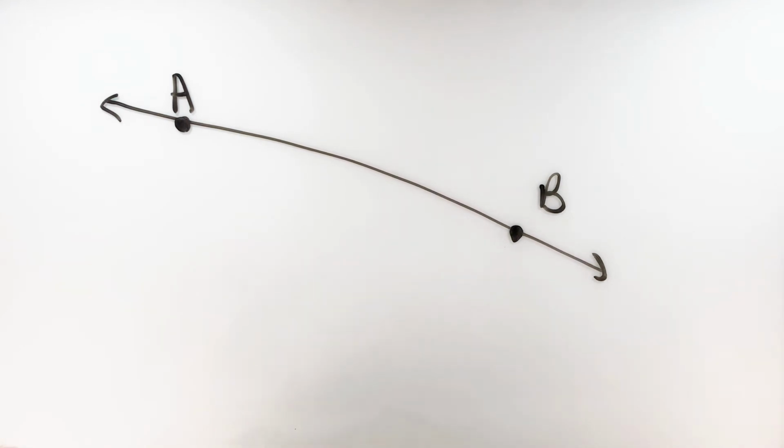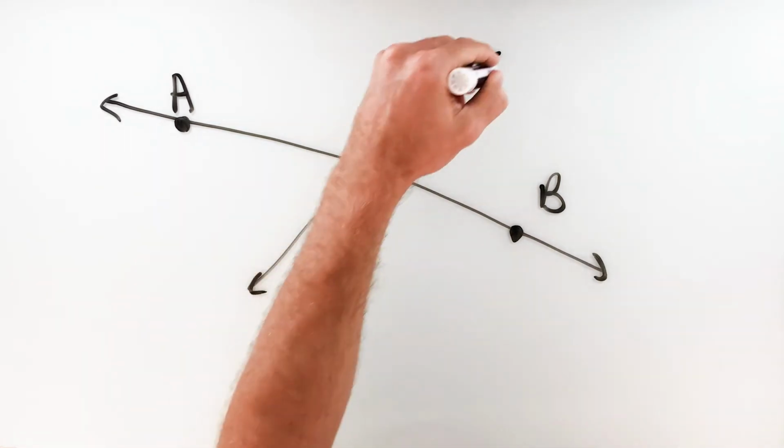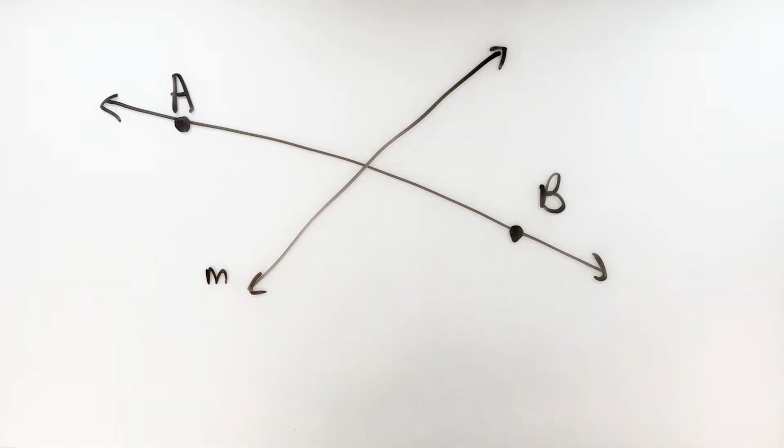Okay, so the next postulate is that if 2 lines intersect, so if 2 lines cross, intersect just means to cross, so there's a second line. We'll call that line M. So if 2 lines intersect, they will intersect in exactly 1 point. So you'll never have 2 lines that cross multiple times because, again, lines are rigid, straight, they go on forever in both directions.